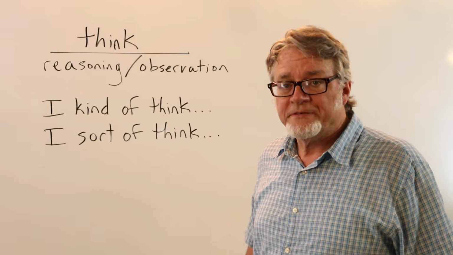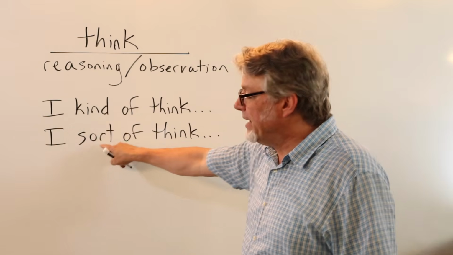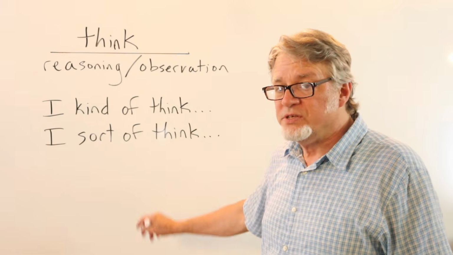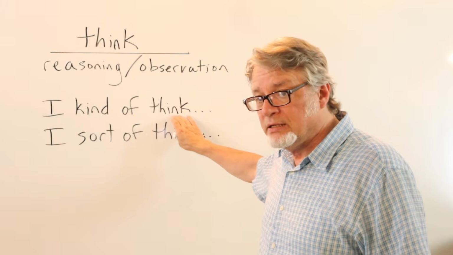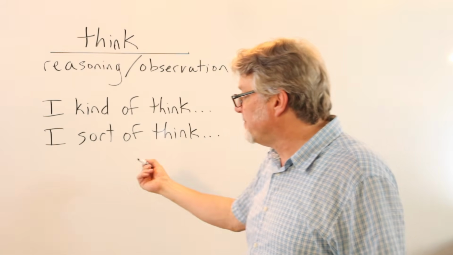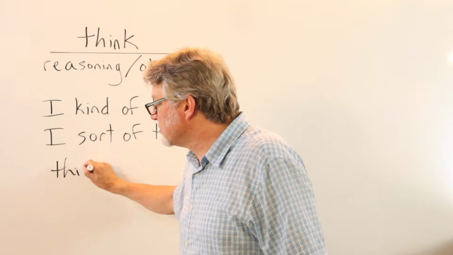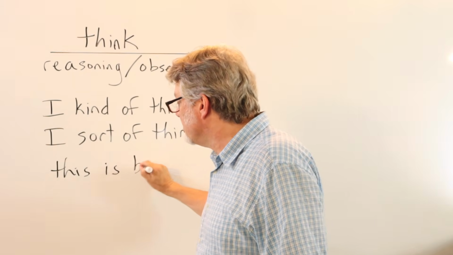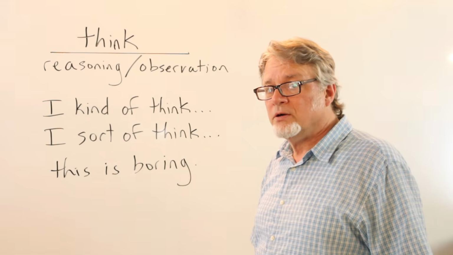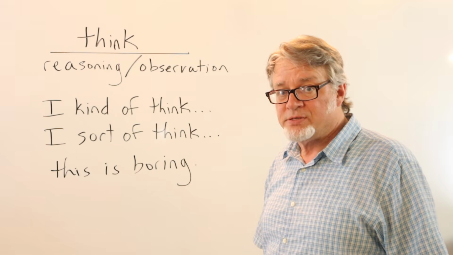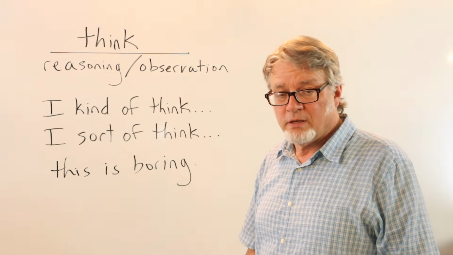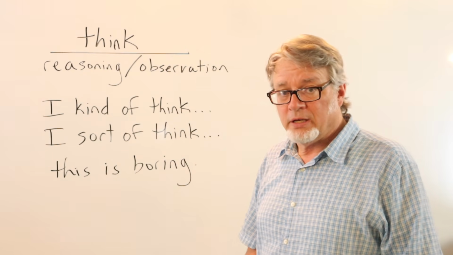You'll also often hear kind of and sort of in front of think. Each of these helps to soften the opinion that you offer after the word think. I kind of think this is boring. So it doesn't sound as bad as if you said, I think this is boring, or this is boring.